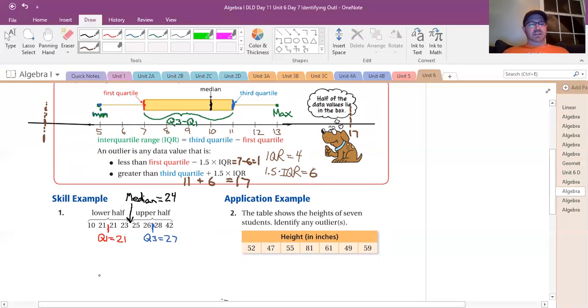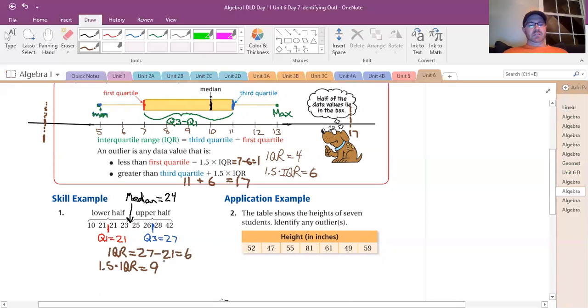So that tells me now that my IQR is 27 minus 21. Okay. And of course, 1.5 times the IQR is 1.5 times 6, which is 9.